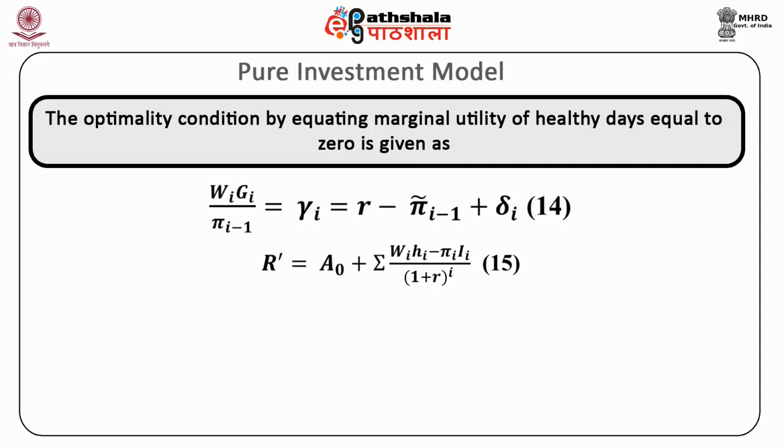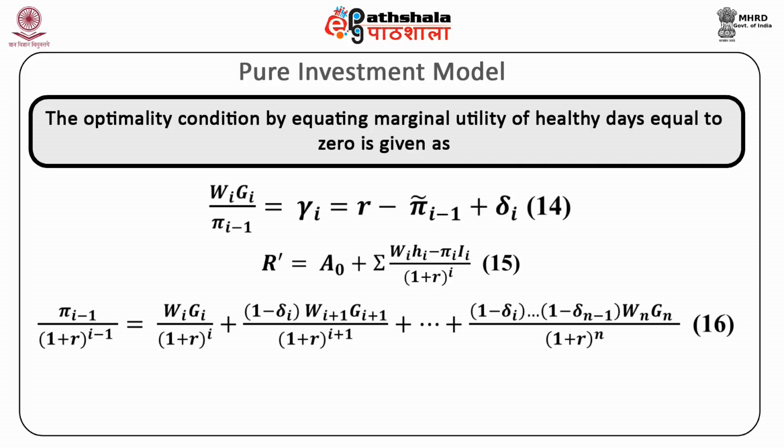The optimality condition obtained is pi i minus 1 upon 1 plus R raised to the power i minus 1 is equal to Wi into Gi upon 1 plus R raised to the power i, plus 1 minus delta i into Wi plus 1 into Gi plus 1 upon 1 plus R raised to the power i plus 1, plus till plus 1 minus delta i till 1 minus delta n minus 1 into Wn into Gn upon 1 plus R raised to the power n.